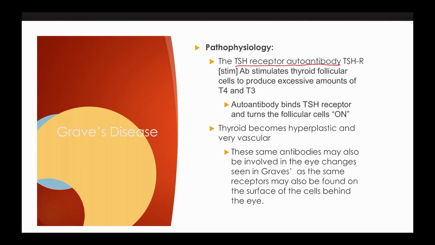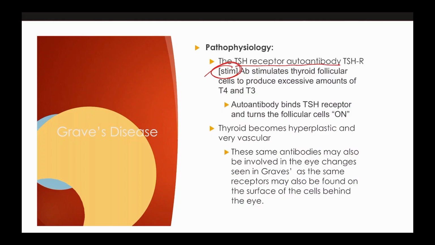Now, with Graves' disease, TSHR, it's stimulatory. What this does, it sits in the receptor on the thyroid gland for TSH. And it turns on that thyroid gland to go into overproduction.